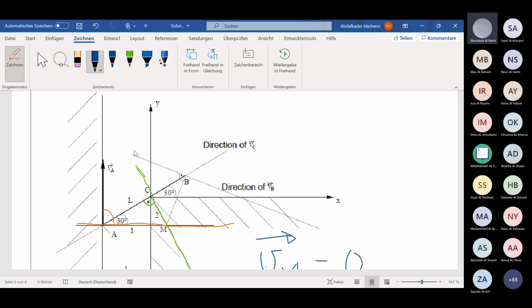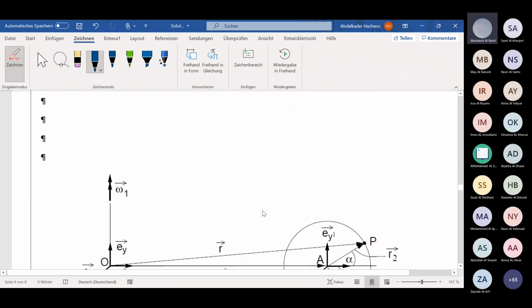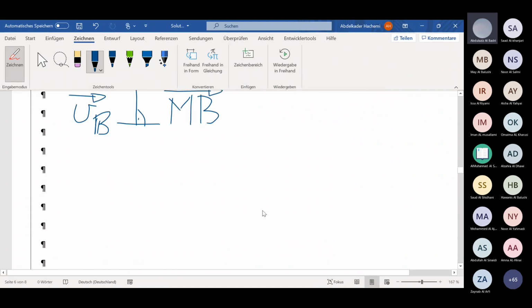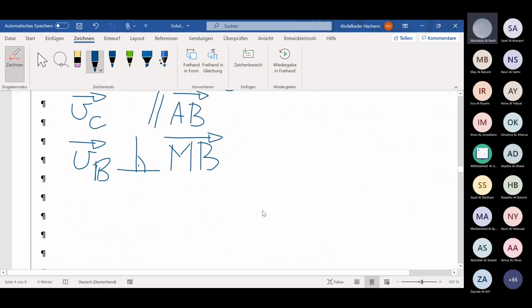Why? It's always perpendicular to the line joining the point M. Now we can get the direction of VB. It's only a matter of getting the magnitude. This is what we are looking for.